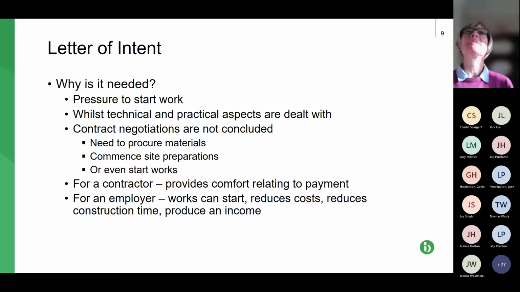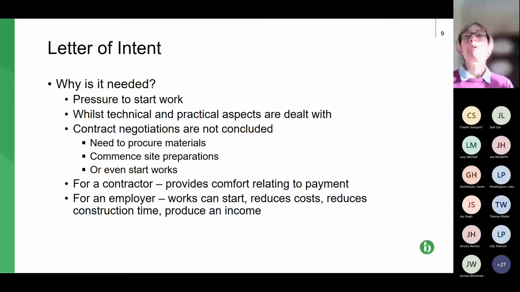So moving on to letters of intent. First of all, why are they needed? A letter of intent is typically used before the contract has been signed. Quite often there's pressure to actually start on site, for work such as ground site investigation or some site clearance work, those early stages, whilst other technical and practical aspects are being dealt with.